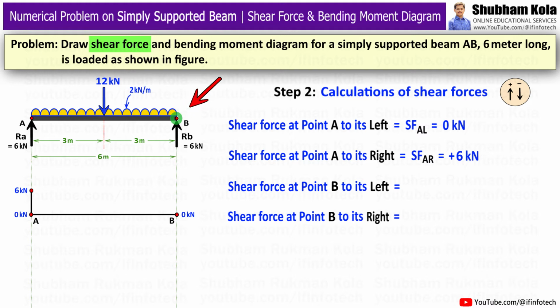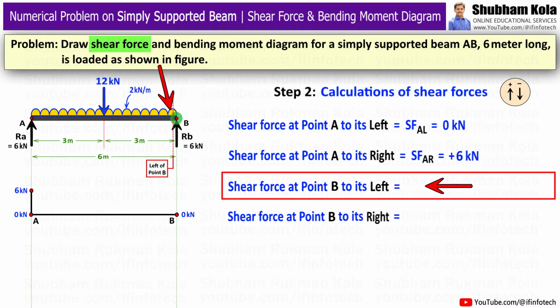Now at point B, there is reaction force Rb. First to calculate shear force at point B to its left, I will take the section to the left of point B, that is SF at B to the left equal to.